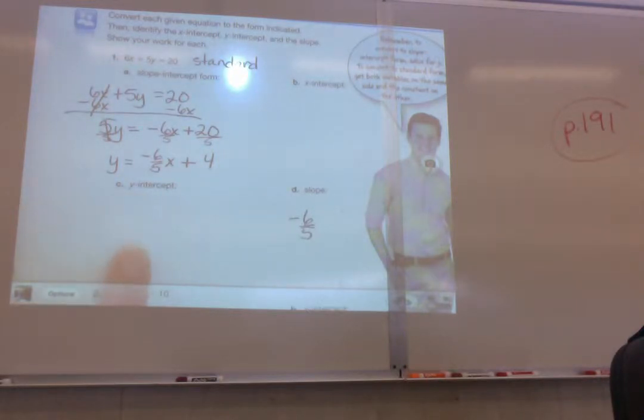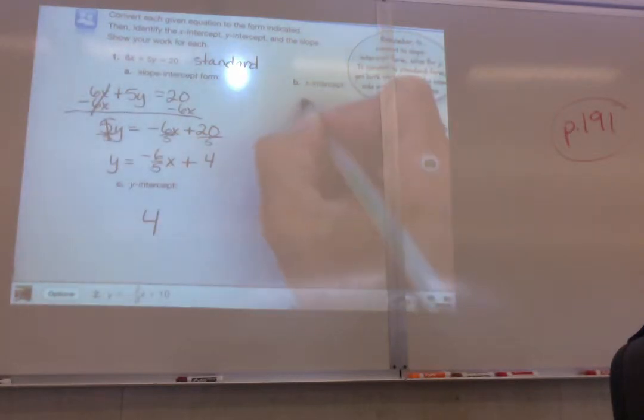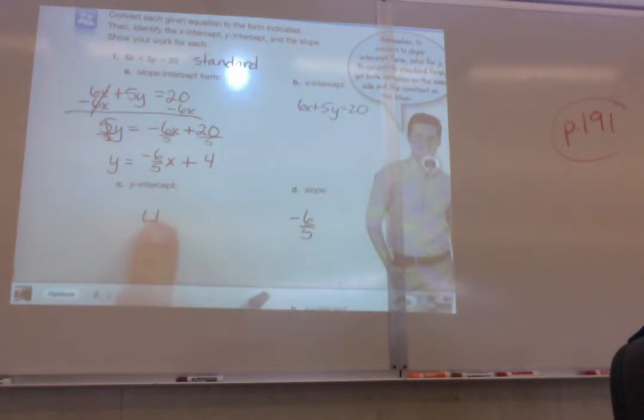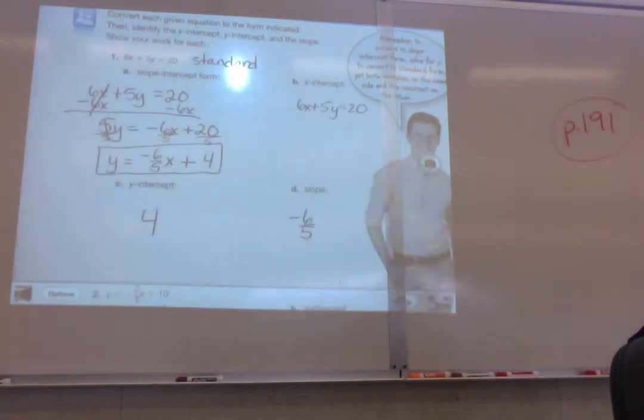Oscar, what's the y-intercept? 4. X-intercept, I think it's easier to go back to standard form if we want the x-intercept. 6x plus 5y equals 20. These two were easy to get out of this new rearranged form. This was the answer to part A.